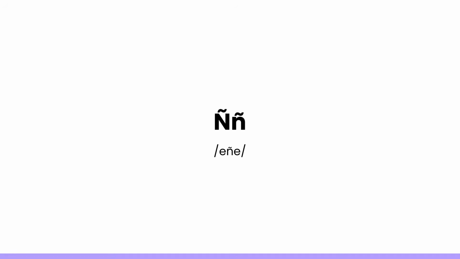And then we have the next letter, which is the N, but then with this weird accent on top, which is the ñ. And this is actually the only letter that is different in the Spanish alphabet than in the English alphabet. The rest of the Spanish and English alphabet are all the same. So the ñ, as in niños, which means children.